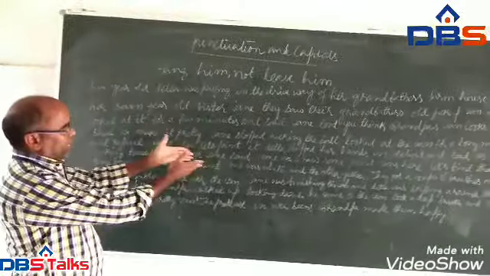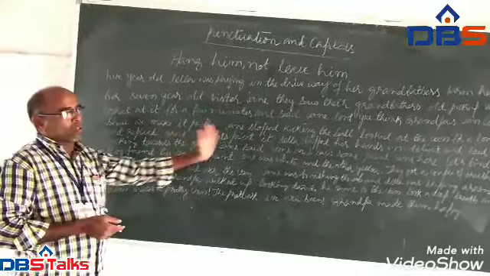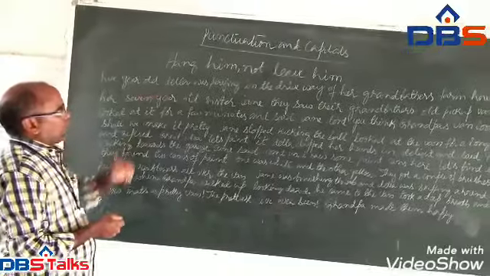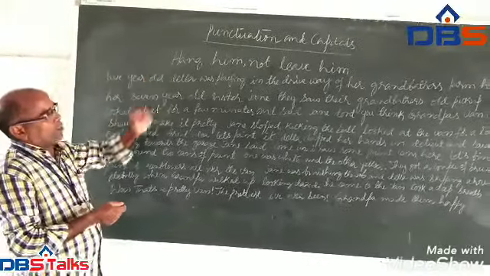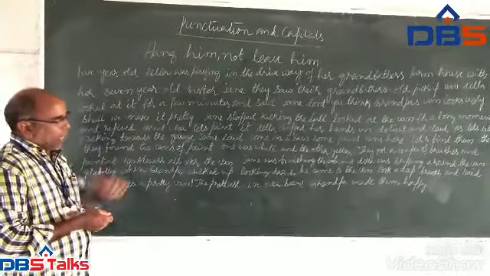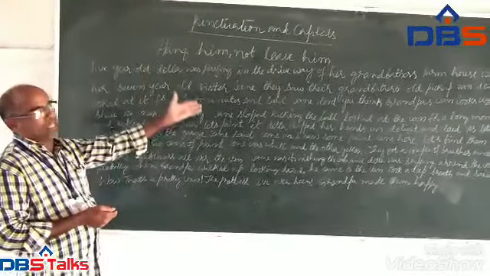Maybe when something is in directed speech, you are supposed to use inverted commas, and full stops, and general commas, and exclamatory symbols, and apostrophes. You have to use all these things here.